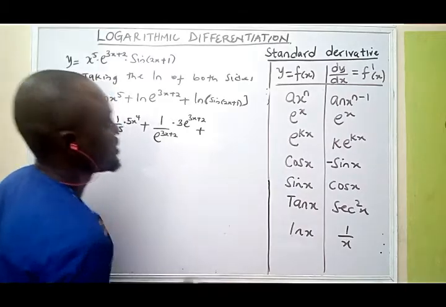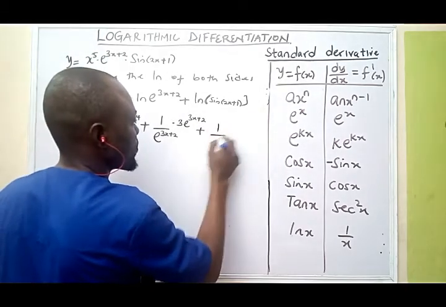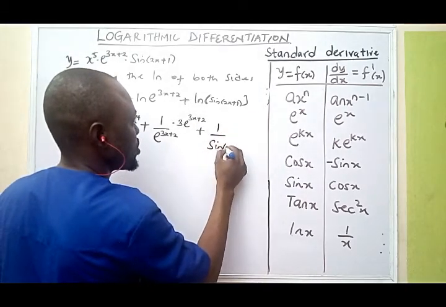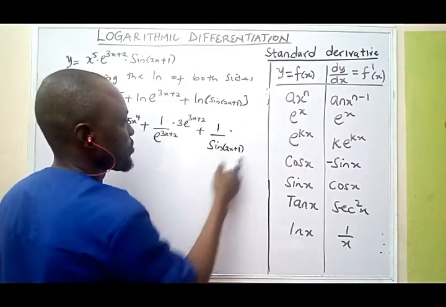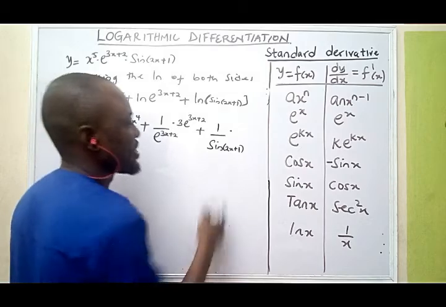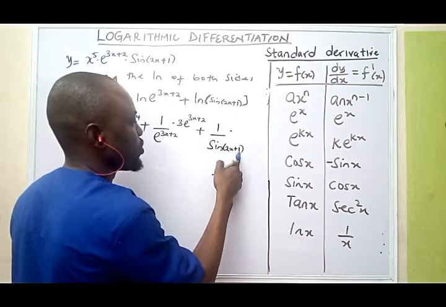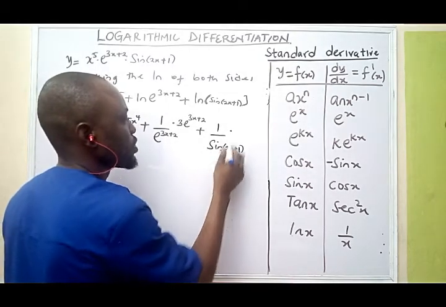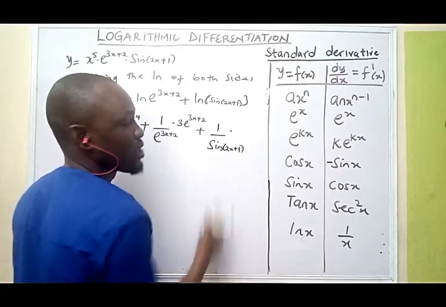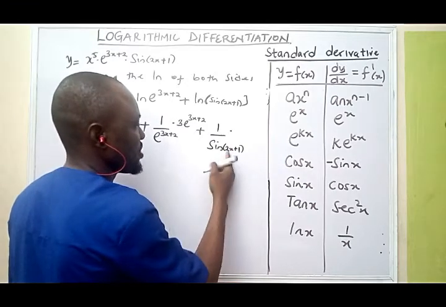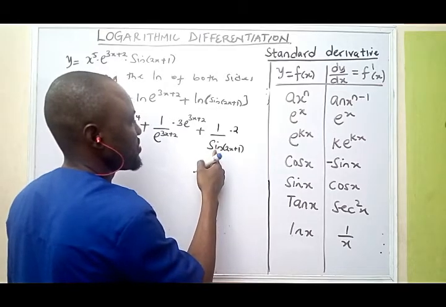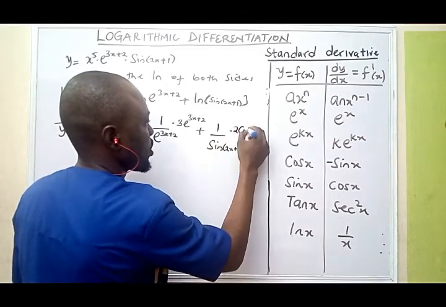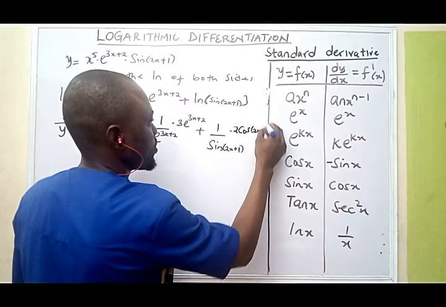Then plus, this will be 1 over sine of 2x plus 1, multiplied by its derivative. Sine of 2x plus 1 is a function of 2x plus 1, so I first differentiate what is inside and get 2. Then the derivative of the sine function gives me cos of 2x plus 1.